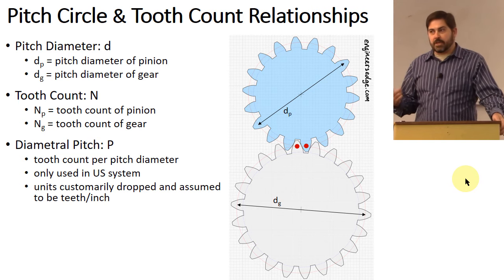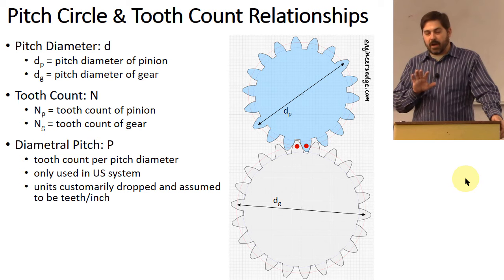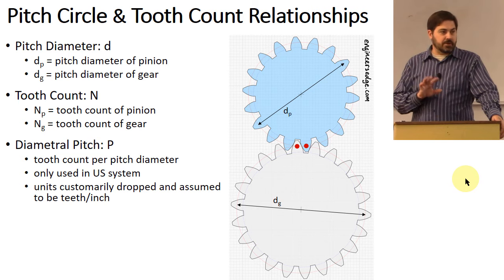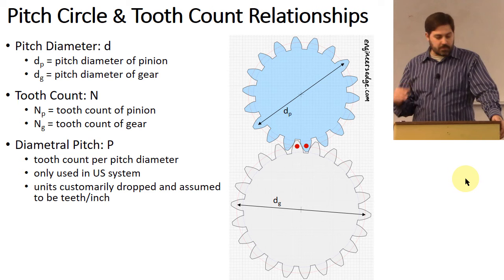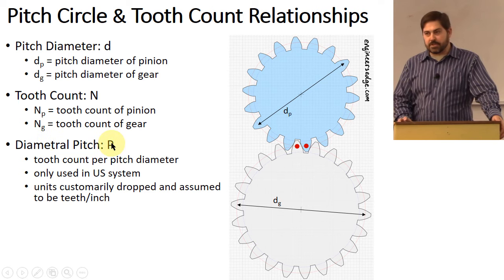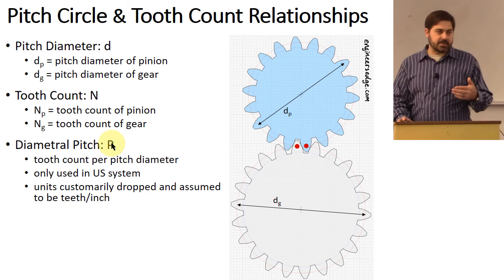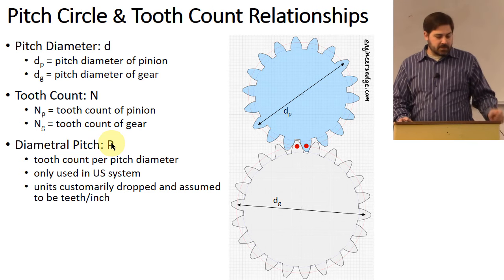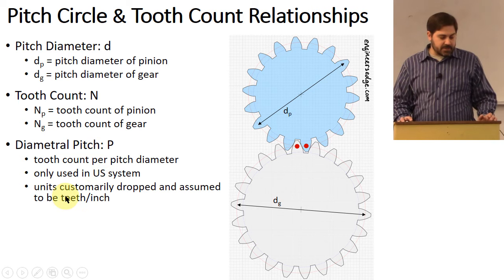One of the ways we can describe the size of a tooth so that two gears can be compatible with one another is with this parameter called diametral pitch. This is the one used primarily in the US system of gear making. It is based on the number of teeth per inch of diameter.